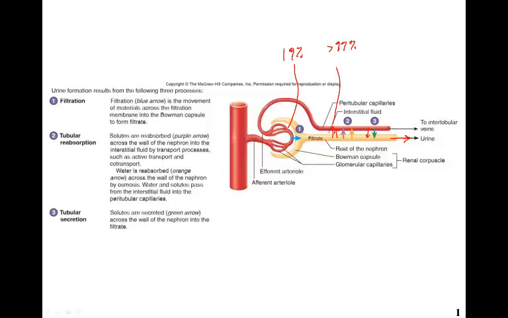Whatever makes it past those three steps is excreted, and there's a term called renal clearance, and that basically says, for a given substance in the blood, how rapidly is it removed from the blood and excreted as urine? How fast is it cleared from the body?